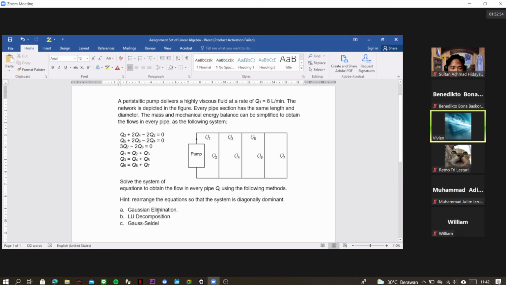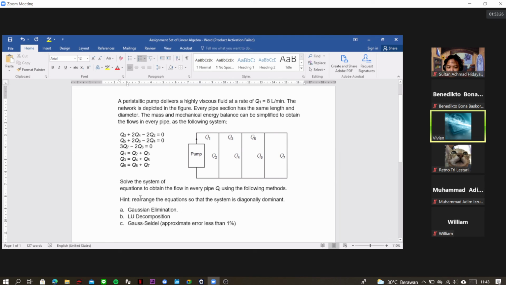And for Gauss-Seidel, I will add that the approximate error should be less than 1%. For the initial value for the Gauss-Seidel, you can choose any, you can choose 0 or any value, with the approximate error less than 1%.